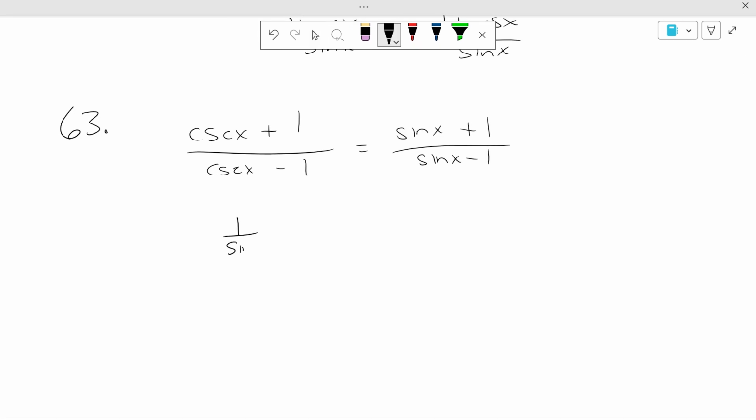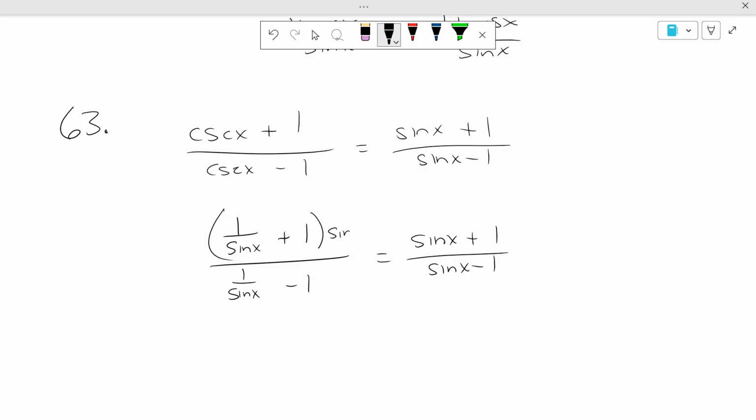1 over sine of x plus 1 over 1 over sine of x minus 1 equals sine of x plus 1 over sine of x minus 1. Now, what do we do on the top? What do we do on the bottom? All we have to do is multiply by sine of x on the top, sine of x on the bottom.